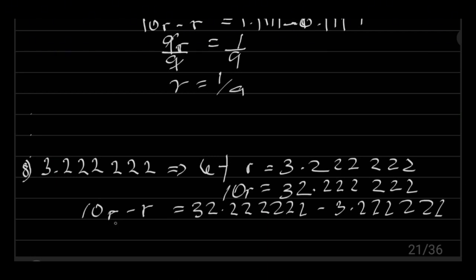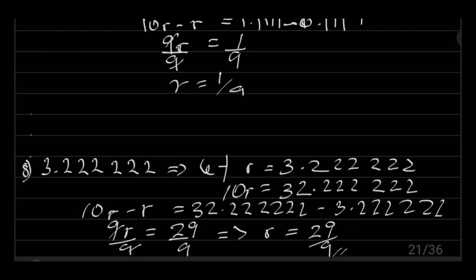Now this is going to give us 9r equals 29. Dividing both sides by 9 implies r will be equal to 29/9.